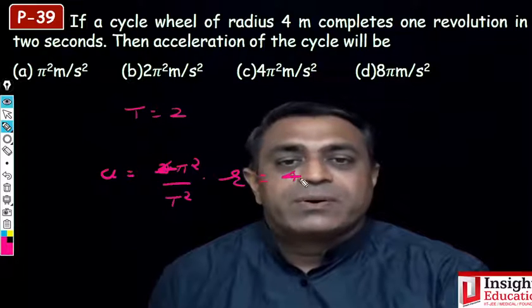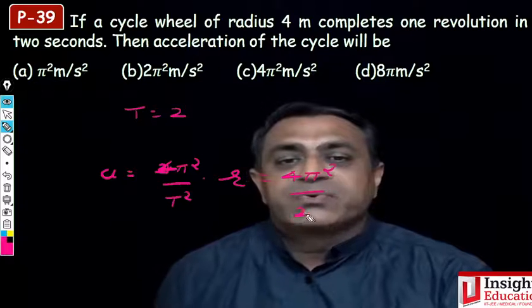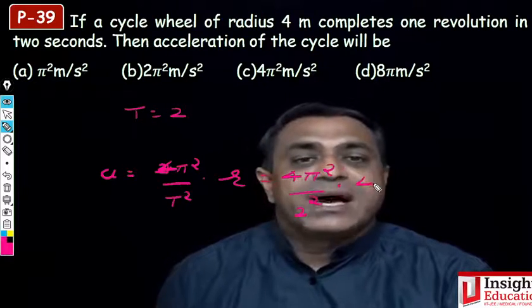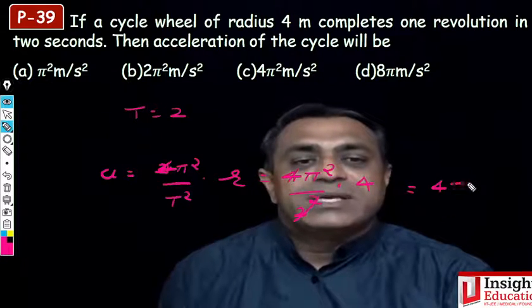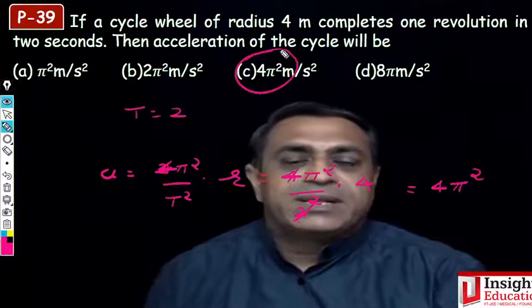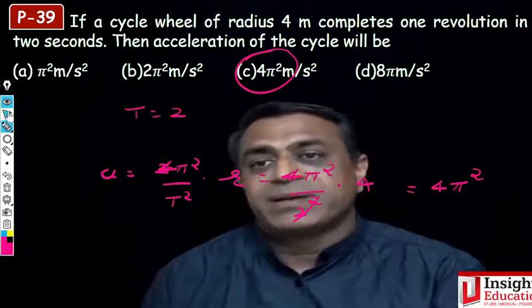So 4 pi square upon 2 square, that is 4, into radius r equal to 4. So 4 cancels, and the answer is 4 pi square meter per second square.